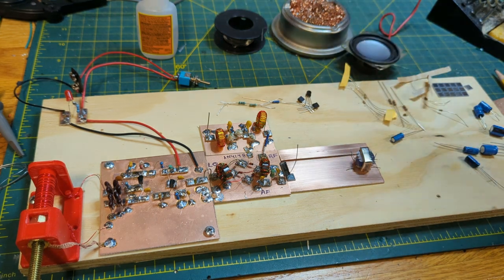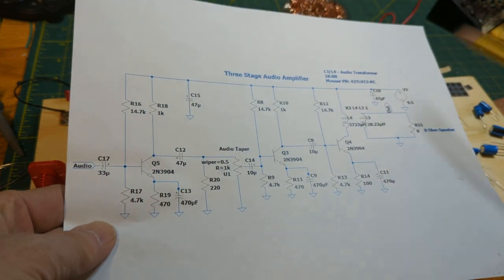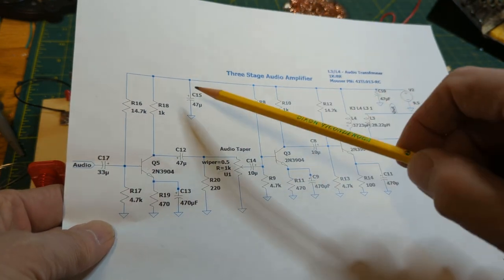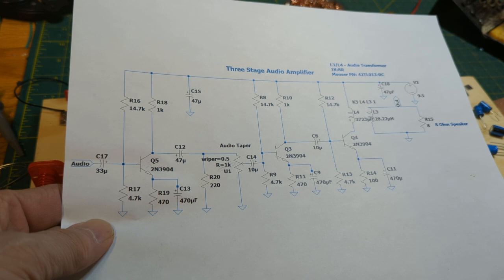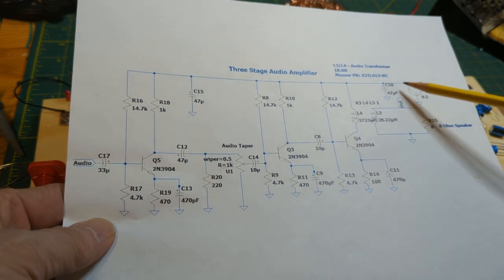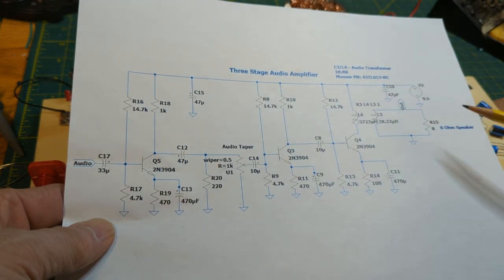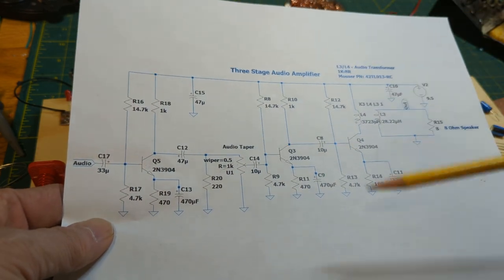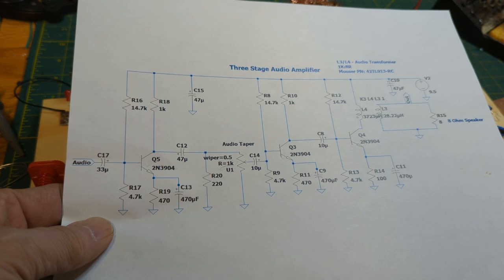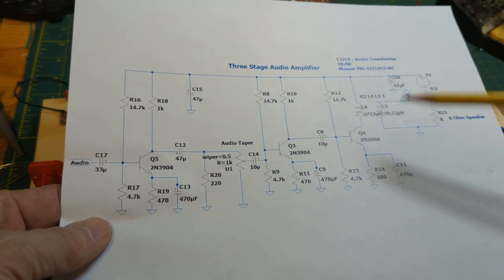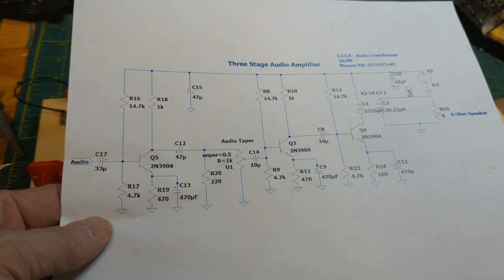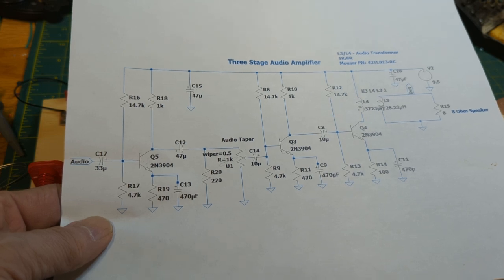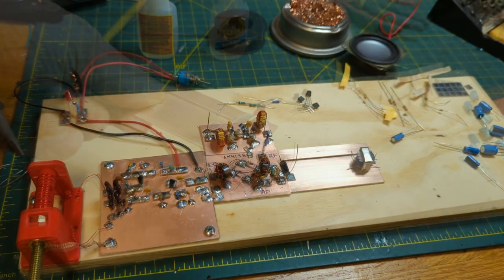I'm also going to put these 47 microfarad audio bypass caps on there. So those are intended to bypass the audio. Any audio that happens to be on this 12-volt line is going to get bypassed to ground by those, and so it will keep noise out of the audio circuit. So I'm going to put those together now.